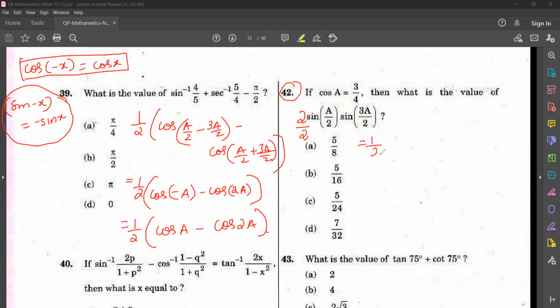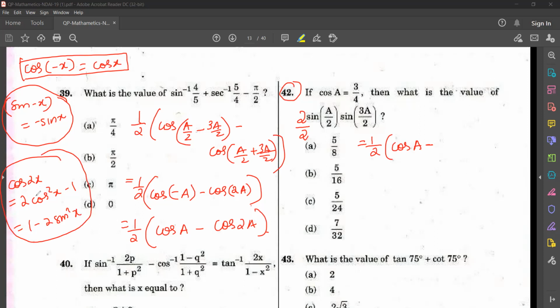It is equal to half of cos A minus cos 2A. What is the formula for cos 2x? 2 cos square x minus 1, which is equal to 1 minus 2 sine square x. Learn these two formulas by heart if you don't know.